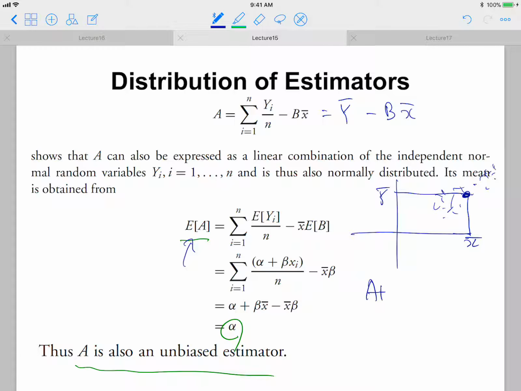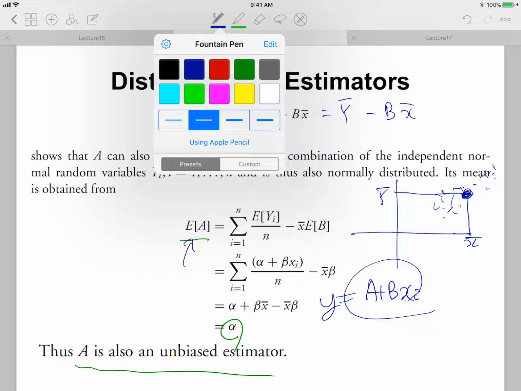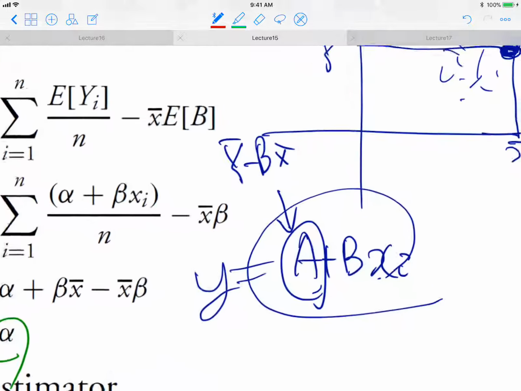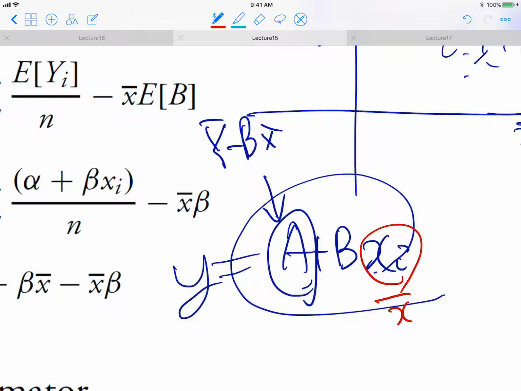Our regression line of a plus b xi should always pass through this center point. Because if we plug this as x bar and this as y, so we had a yi here and y bar, then it trivially becomes 0.